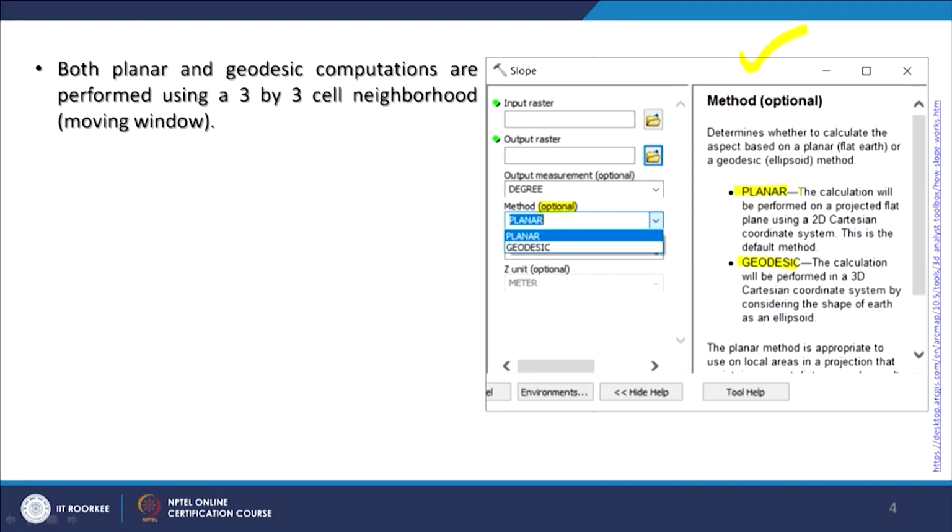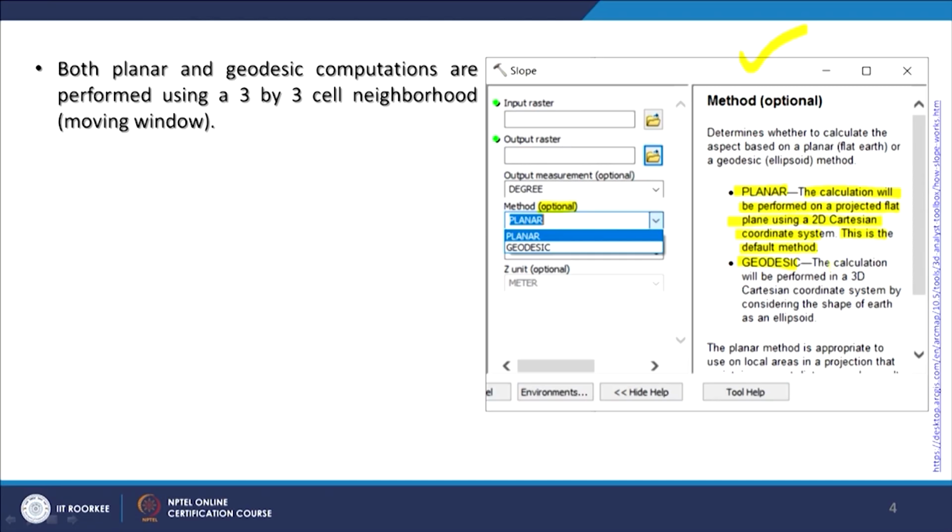In the planar method, the calculation is performed on a projected flat plane. So, your data, which of course represents 3-dimensional data, a digital elevation model, is projected on a 2D coordinate system and then calculated, and this is the default setting in most software.